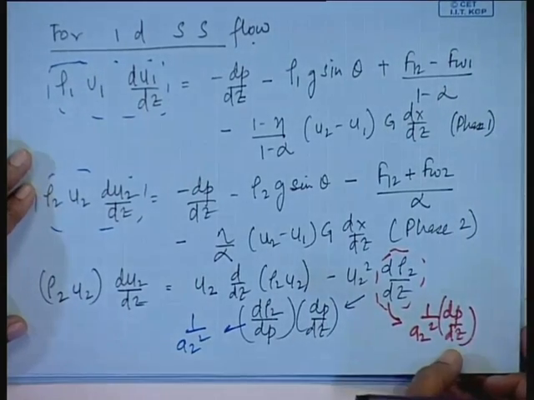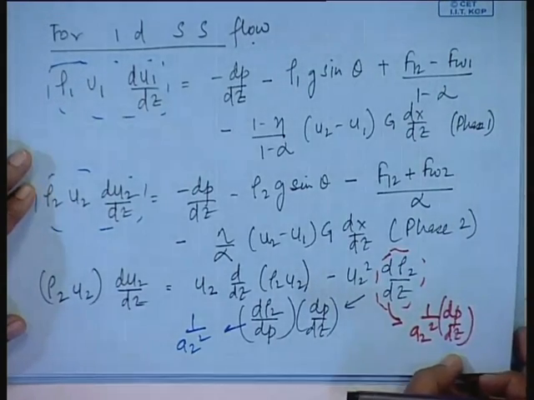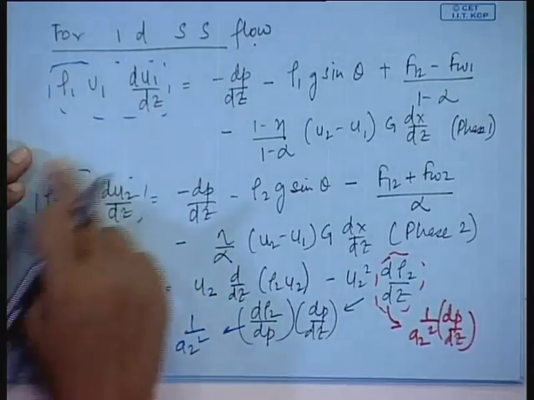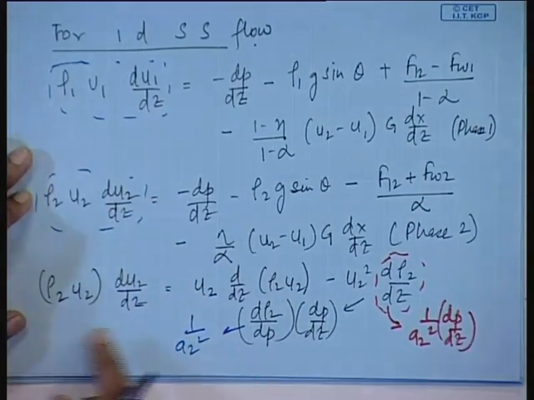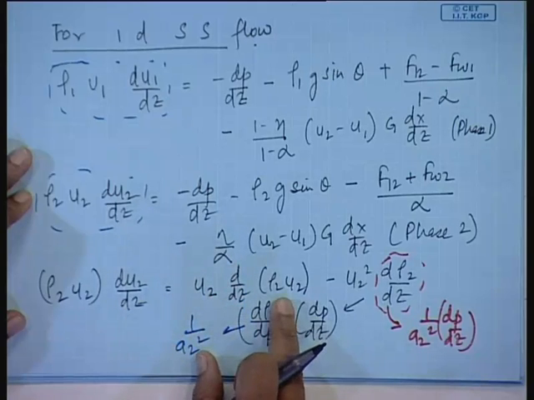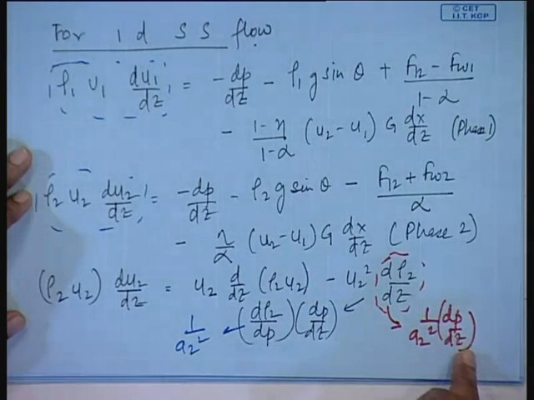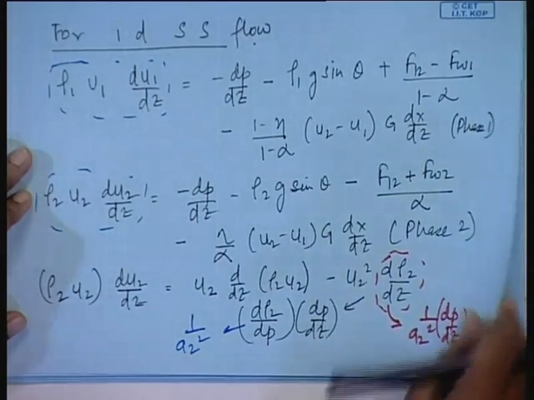So, if I substitute these things, then what do I get? If I substitute rho 2 du 2 dz with u2 d dz of rho 2 u2 minus u2 square by a2 square dp dz, I can very easily do that, isn't it? Now, doing that, what do I get?